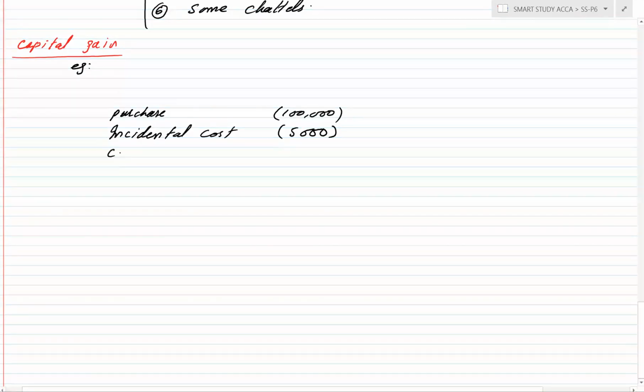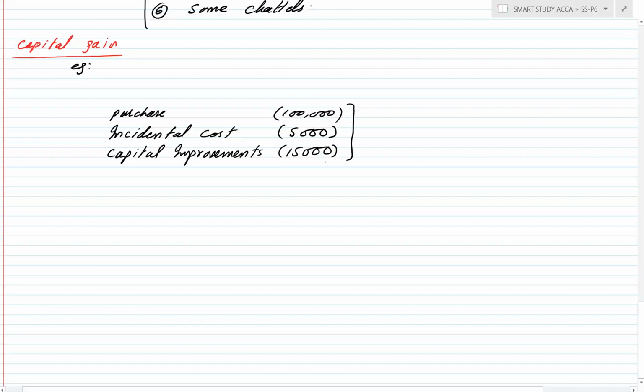Later on, I have constructed a new room on this building. So it means there are capital improvements. So only capital improvements will be considered over here. Suppose I have constructed a new room and I have incurred expenditure of £15,000. So the total cost of this building is £120,000.